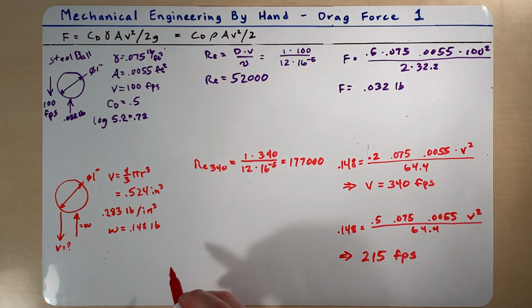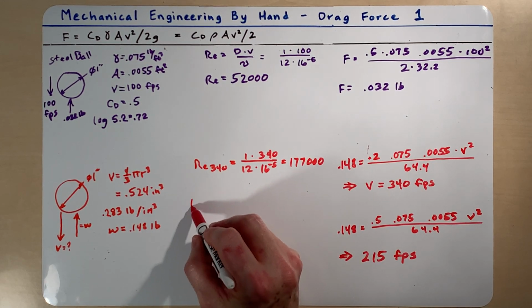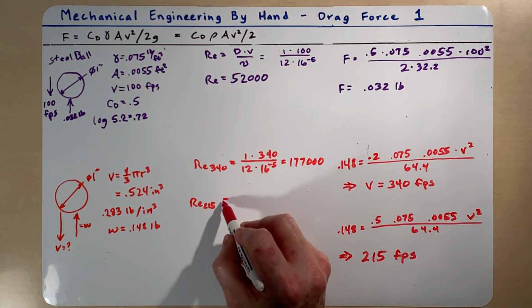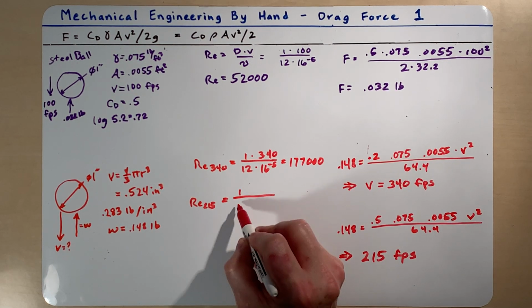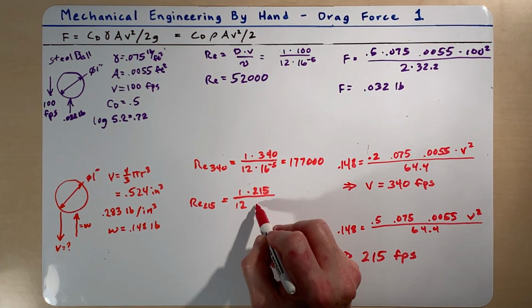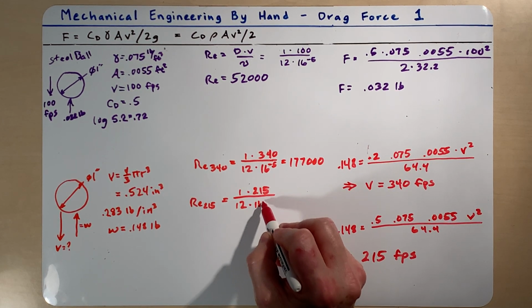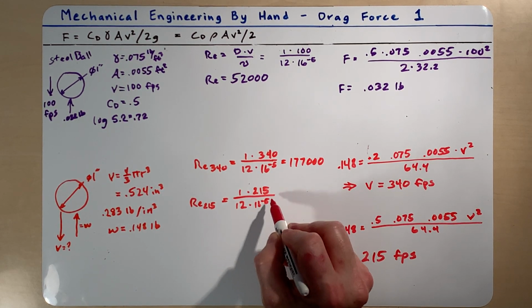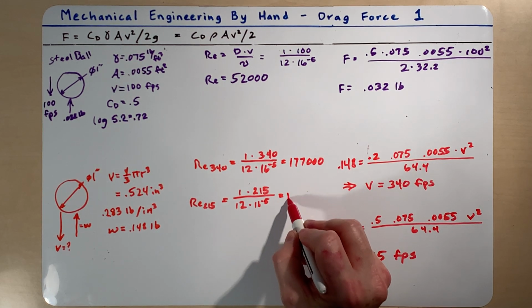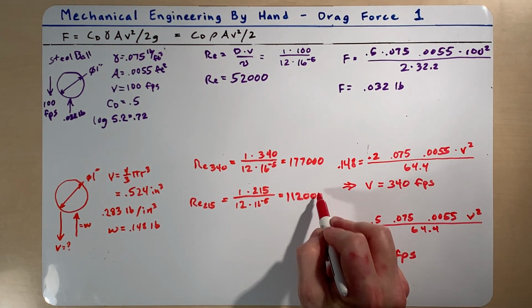Okay, now we can check that by checking the Reynolds number for 215. So that's going to be 1/12 for the diameter times 215 over the kinematic viscosity of air. And that equals 112,000.